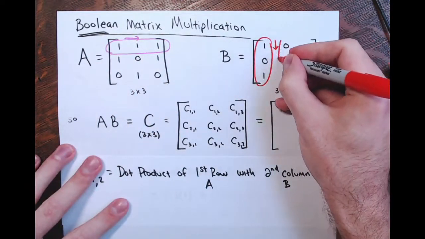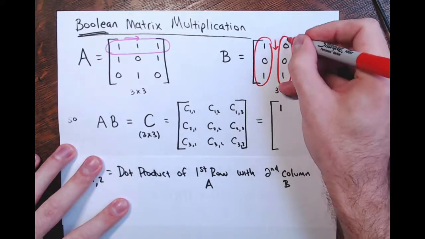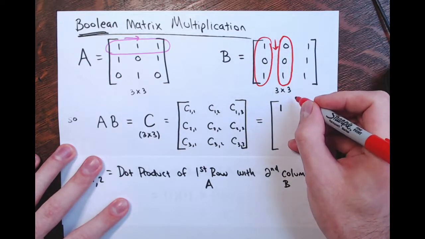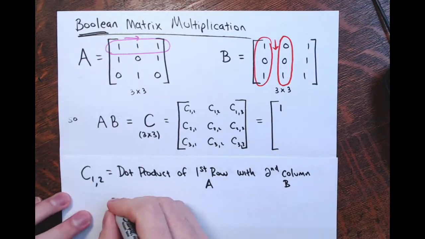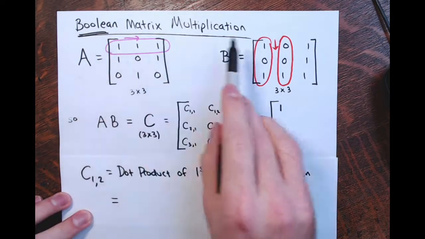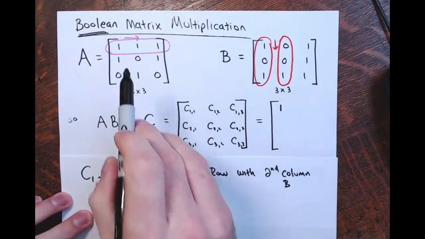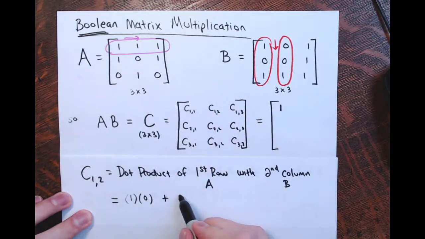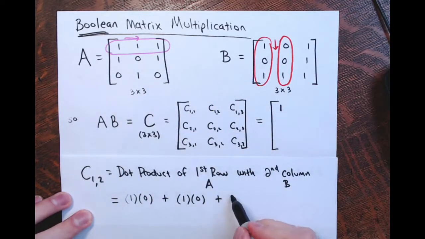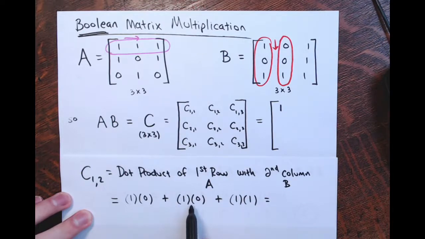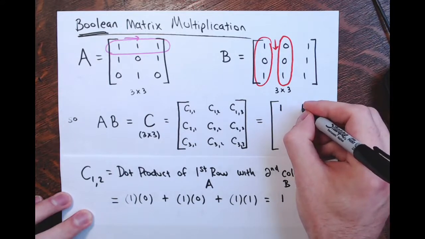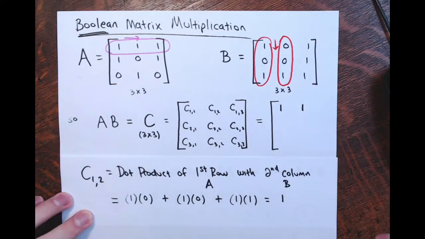Now I'm looking at the second column, which is 0, 0, 1. So first I multiply the first entries, 1 times 0, plus the second entries, 1 times 0 again, plus the third entries, 1 times 1, and we're doing Boolean. This is 0 plus 0, which is 0, plus 1 is 1. So first row, second column entry of the product is 1.